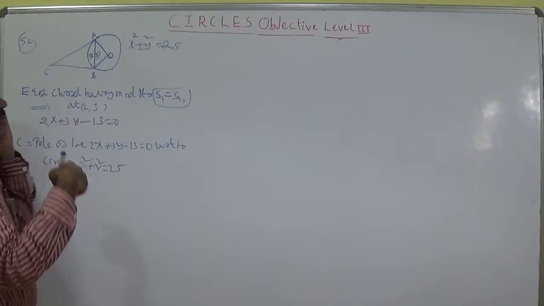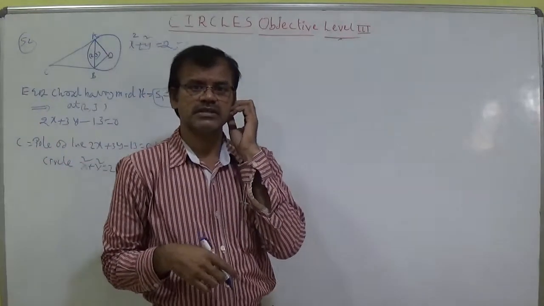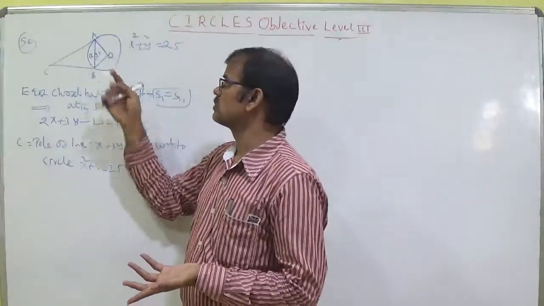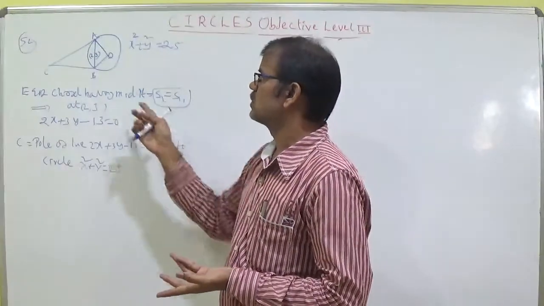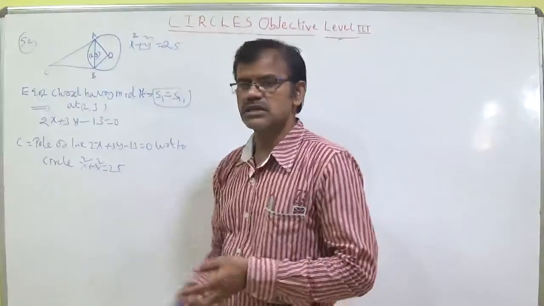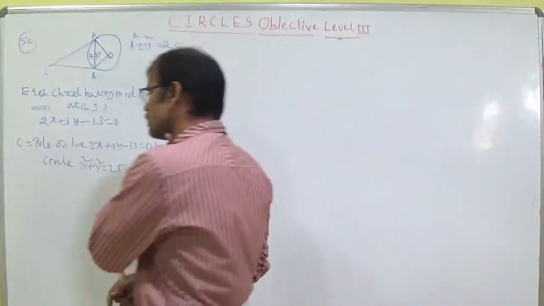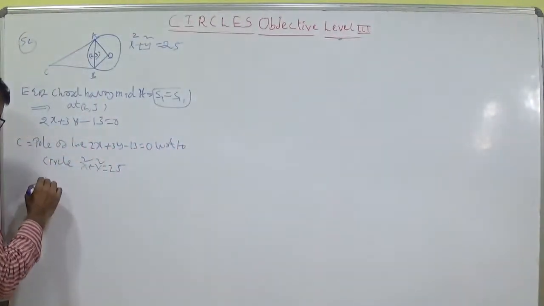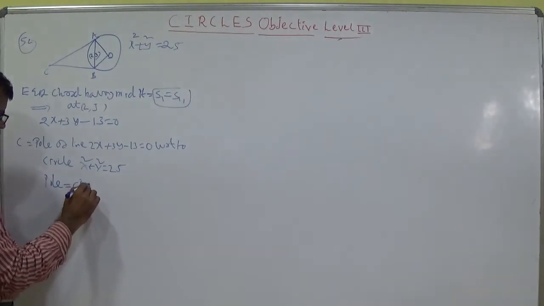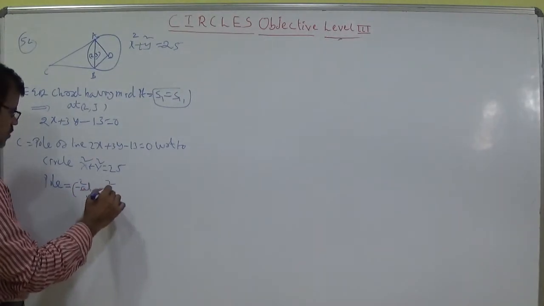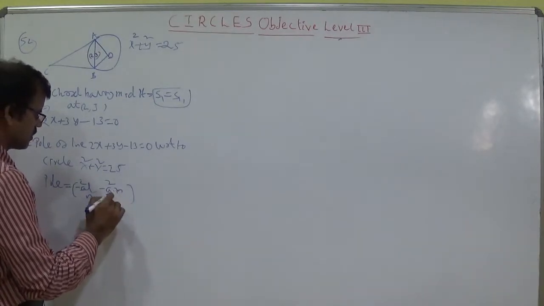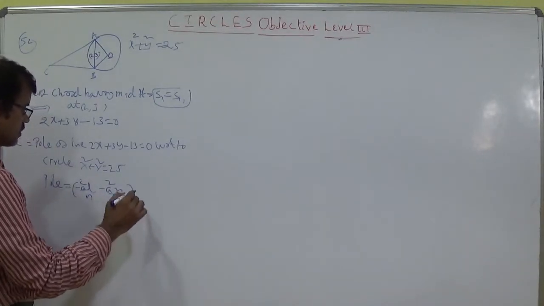Because this is the chord, C is the point of intersection of tangents drawn at the extremities of the chord. The line is the polar and C is the pole. So we can calculate the pole. Pole formula: minus a square l by n, comma minus a square m by n.